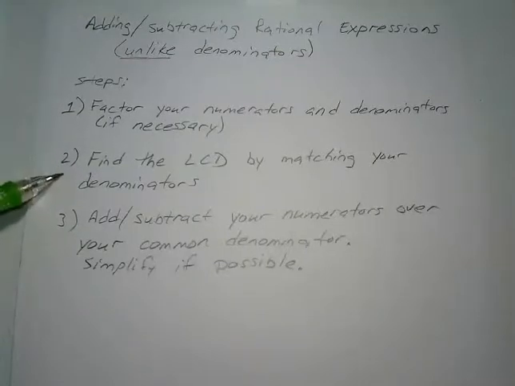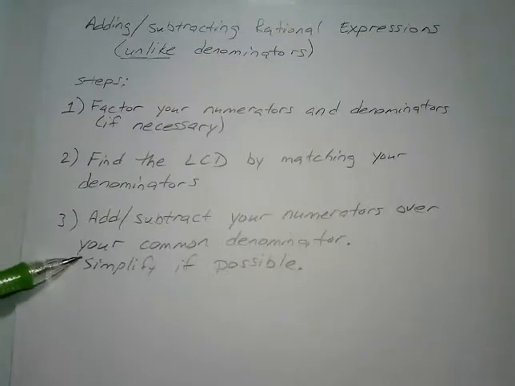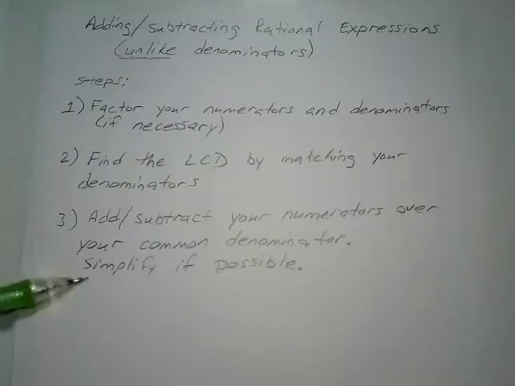And I'll show you what I mean by that when we do our examples. Okay, then the third step, because the second step is going to give you your like denominators. Your third step is you're going to add or subtract your numerator over that common denominator and simplify if possible. It won't always be possible to simplify, but you always want to try.